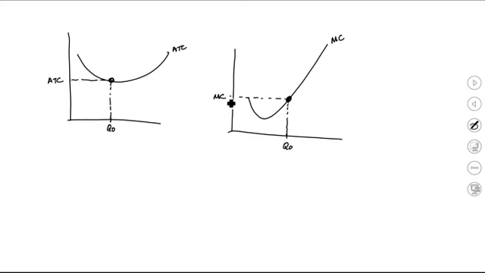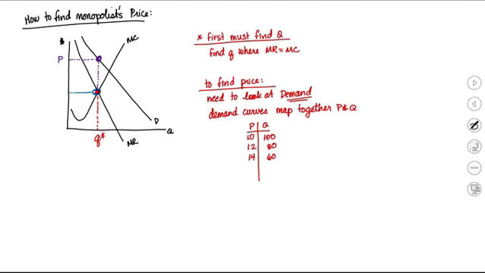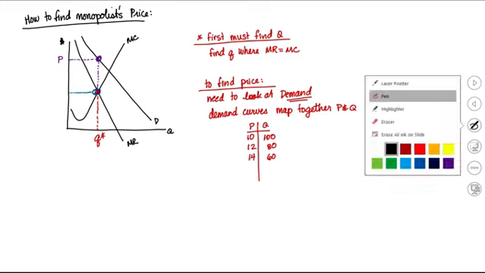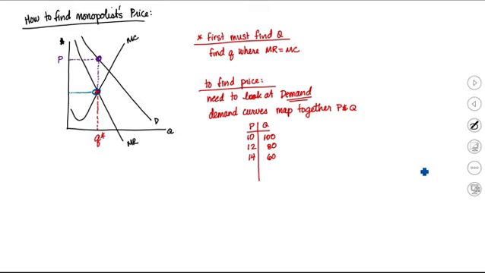So let's go back and you tell me, if I go from Q star up to this point and over, what have I just found? I found marginal cost. Everyone agree? I went up to the marginal cost and over. What else have I found?